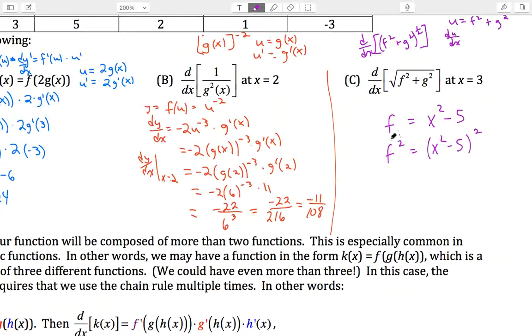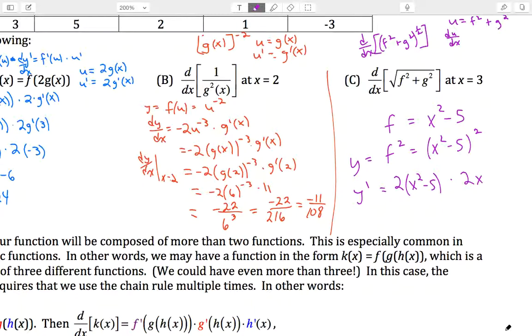When I take the derivative, if y equals f squared, when I take y prime with respect to x, isn't that going to be a chain? That's going to be 2 times that times 2x. Do you see that that's a chain? It's a chain inside of a chain.